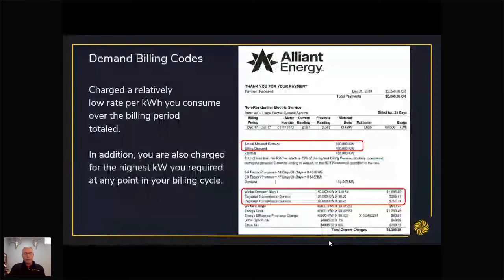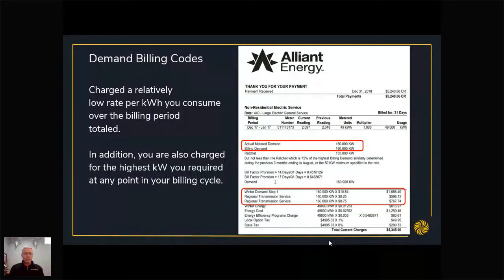The other type of billing, and this is more for large commercial or industrial users for Alliant, we can look at those as demand billing codes. So this bill here is a rate code 440. There's also, for instance, 447, and that takes time of use into account.